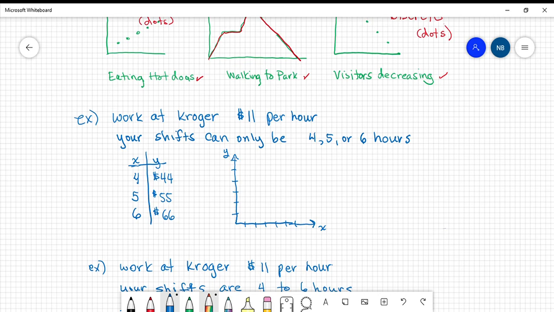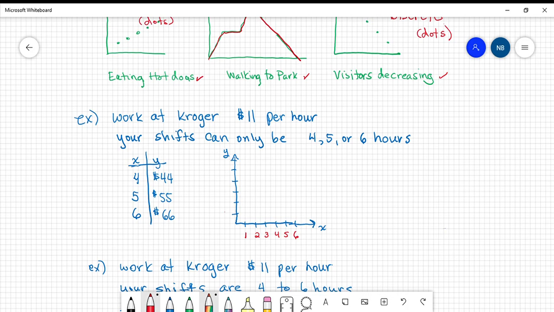So when we draw this graph, we need to label our x and y axes. So 1, 2, 3, 4, 5, 6. Notice even though 1, 2, and 3 are not part of my domain, I still have to count by evenly spaced numbers on my axis.